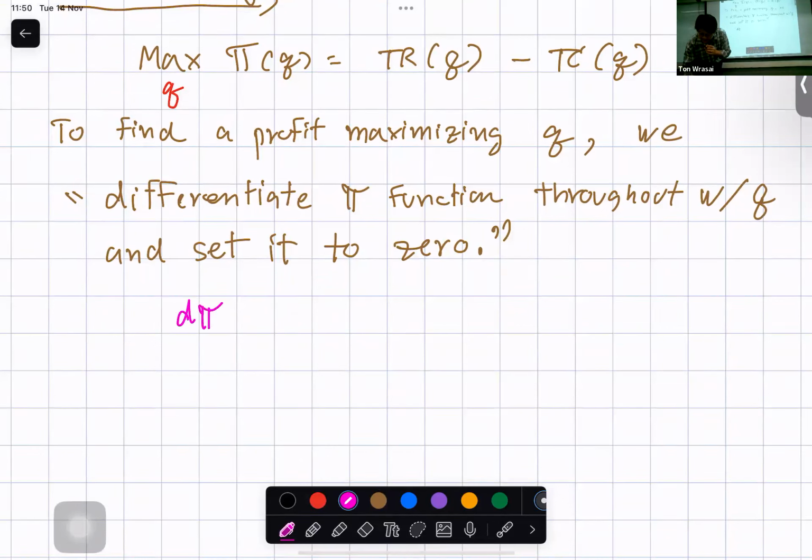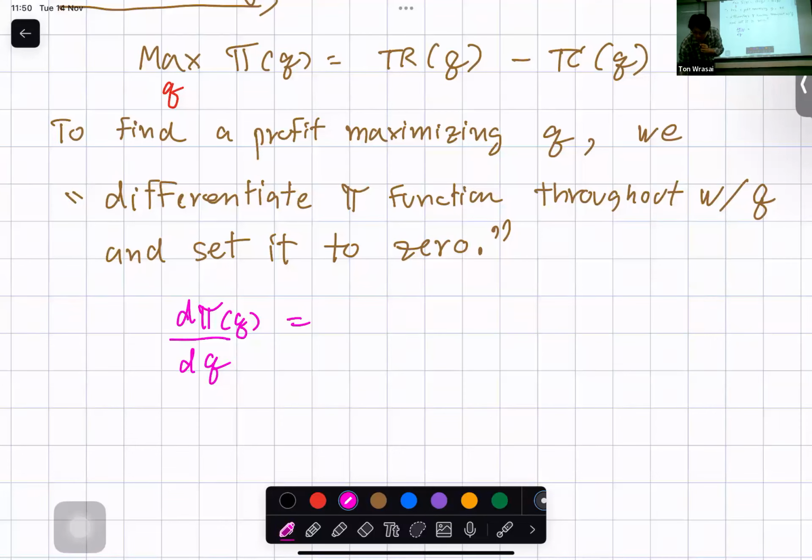Differentiate pi with respect to Q. This is the change in pi when we change Q. Of course, when we change output level, it affects our profit. And this is the meaning of this. Yeah. When we change Q, of course, our profits get affected. d pi by dq. Differentiate, right?